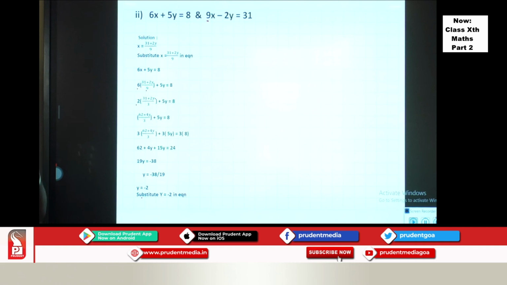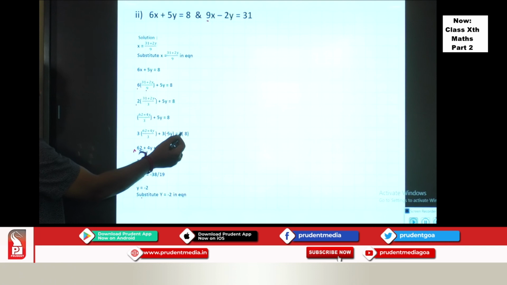So I am multiplying each term by 3. So it is 3 bracket 62 plus 4y upon 3 plus 3 bracket 5y and 3 bracket 8. Remember that you have to multiply each term by the denominator. So once I multiply, 3 gets cancelled. What is remaining there? 62 plus 4y, 5y multiplied by 3 is 15y and 8 3s are 24 I get.